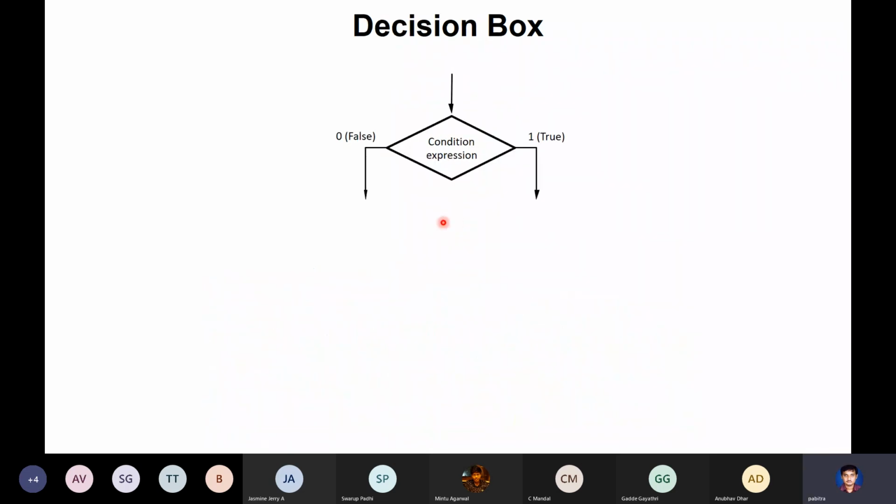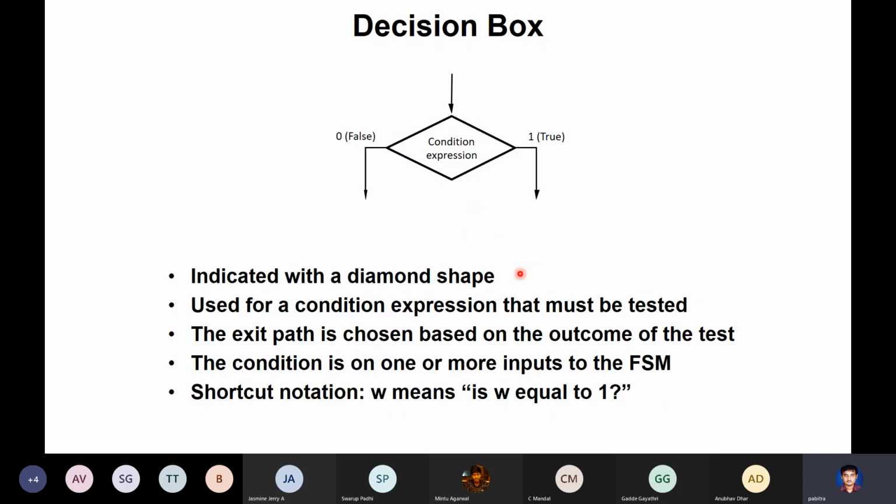One way you need it for further processing is for testing a certain condition. So you have some condition expression or a variable, and depending on the outcome of the condition check, you take one of these two paths. So this is called a binary decision box.